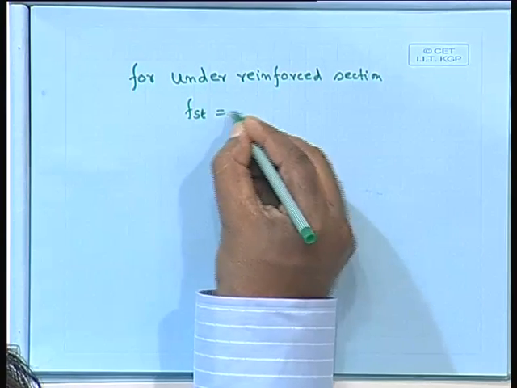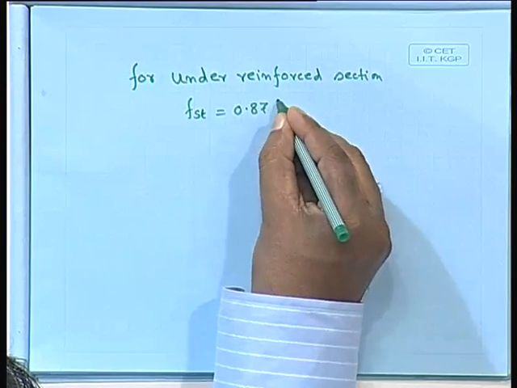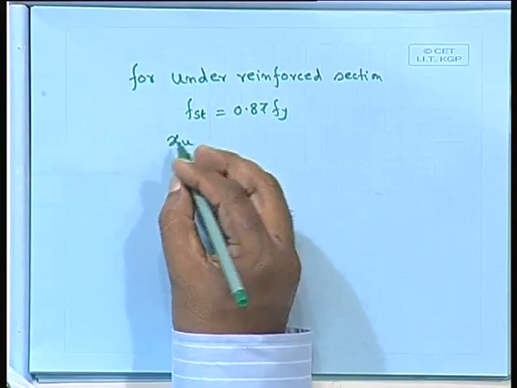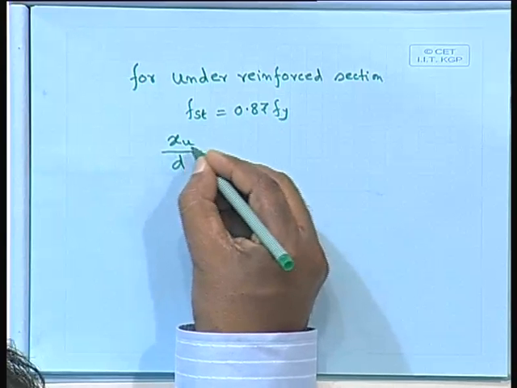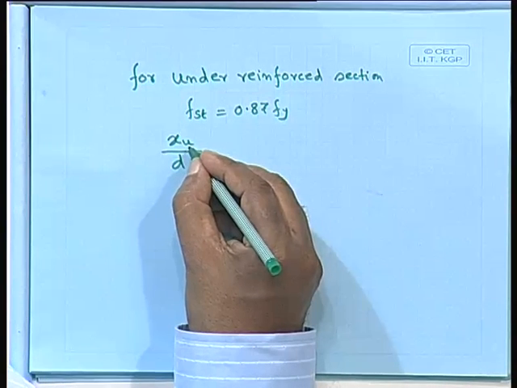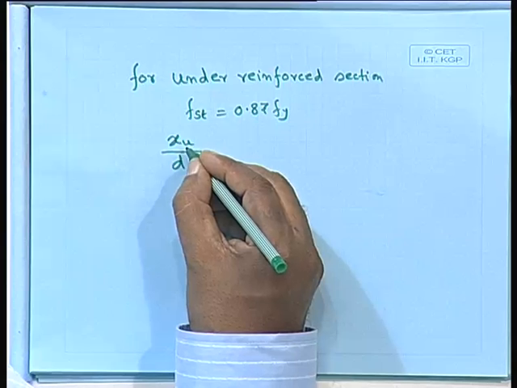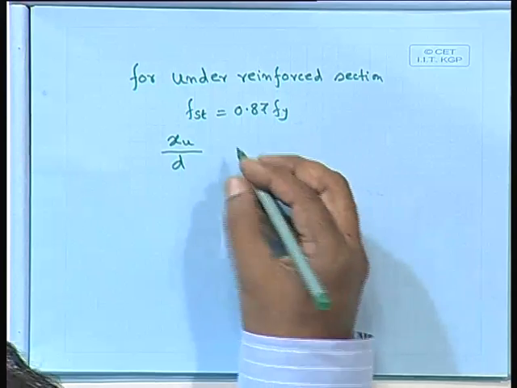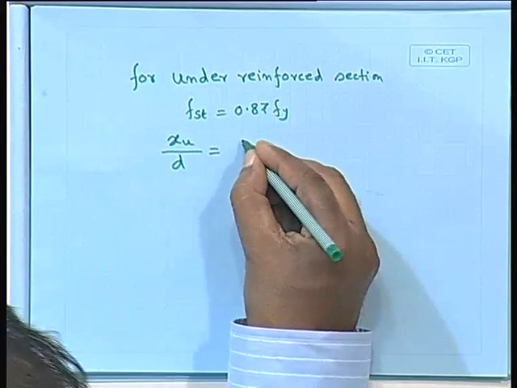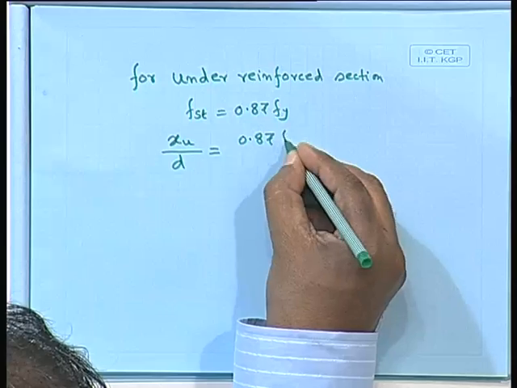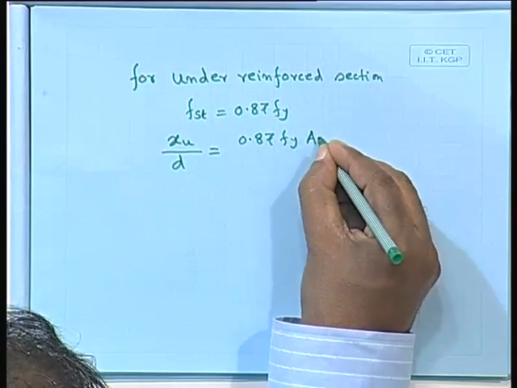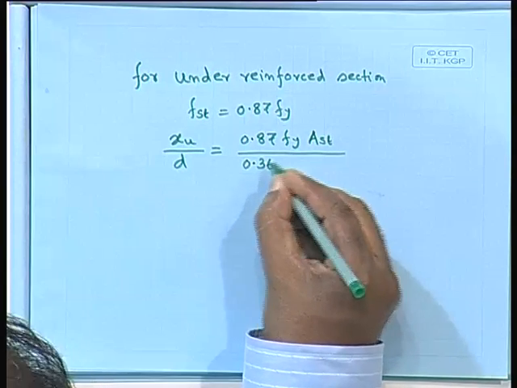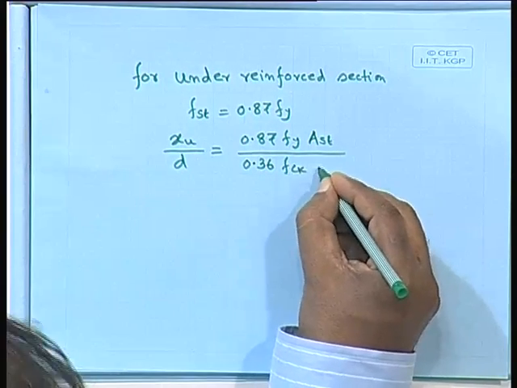FST equal to 0.87 FOI, x u by d. We are giving a special name x u, that is the ultimate depth of neutral axis, x u by d equal to 0.87 FOI AST by 0.36 FCK BD.